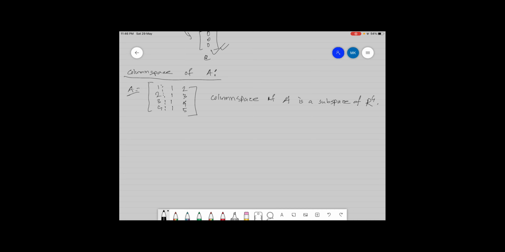This column space, as discussed in the previous lecture, is all the linear combinations. So column space is the space that is created by the columns. So this is basically all linear combinations of the columns.